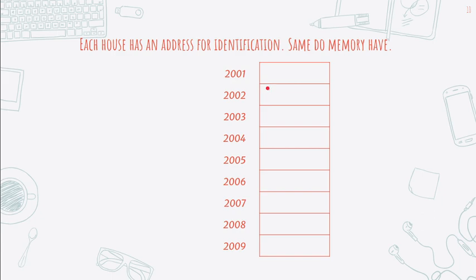Similarly, a program is usually loaded into RAM, and RAM is like an array of memory. In this we have 2001, which is 1 byte, and 2002 memory location. 2001 is the location. Similarly, these are the locations.